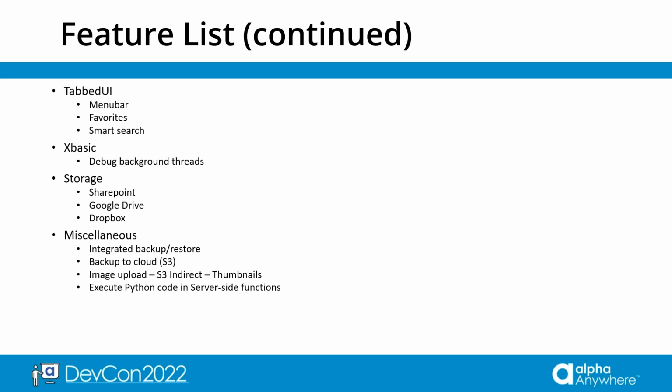We've added an integrated backup restore feature to the web control panel, including backing up your project to S3. For S3 uploads, for image uploads to S3 or file uploads to S3, we've added a new option called S3 indirect.